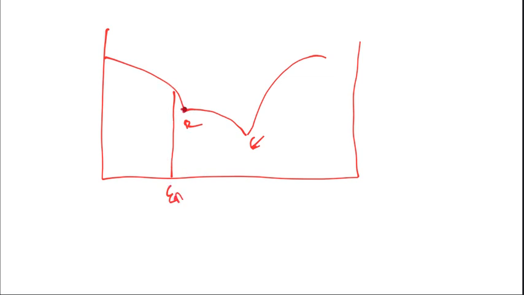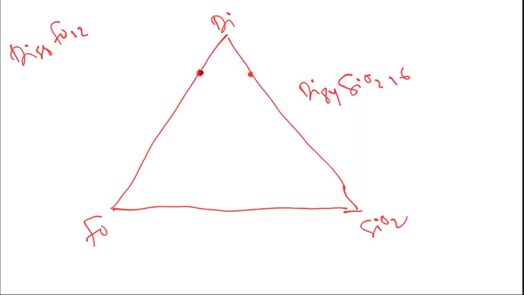This is the reaction point, and this is the eutectic point. So there should be what? Two eutectic curves, or two cotectic curves. One going from the reaction point and another going from the eutectic point. Two cotectic curves, na? So this one comes here and this one comes here.